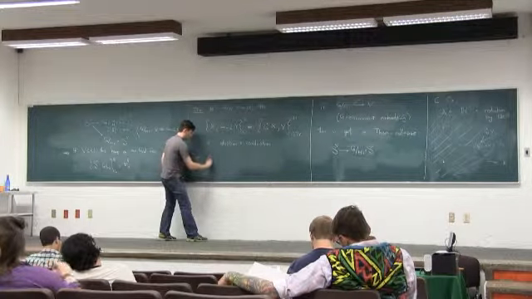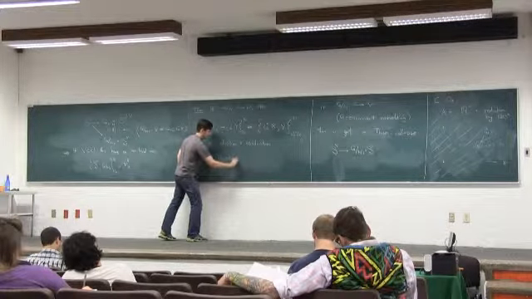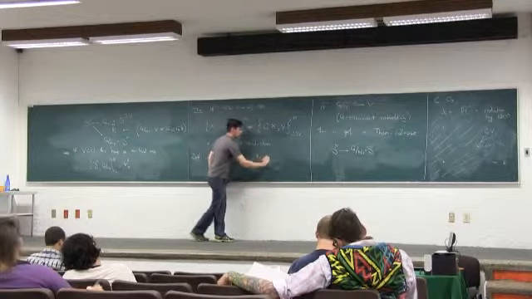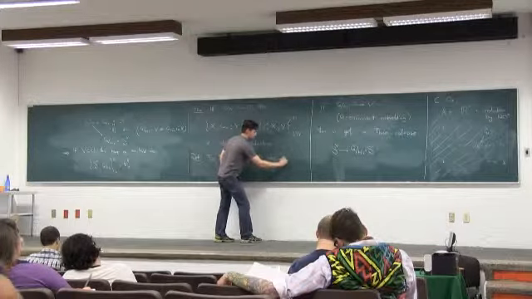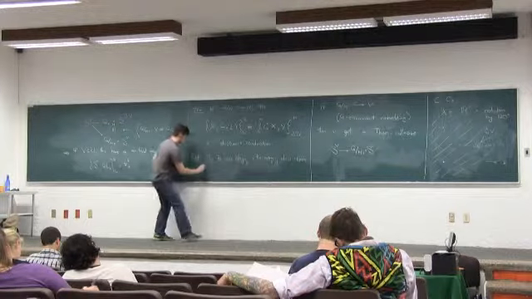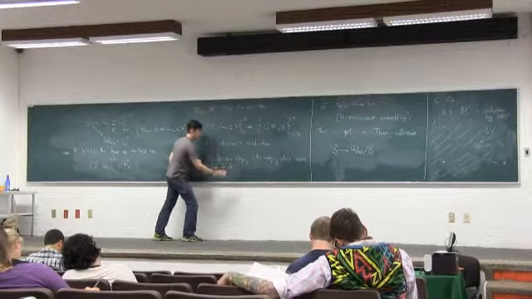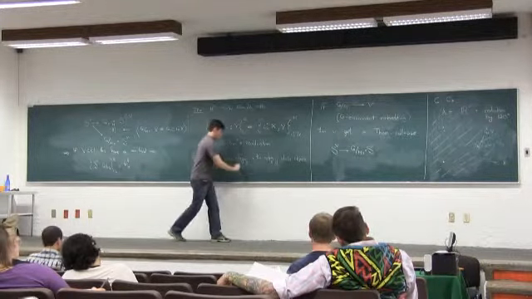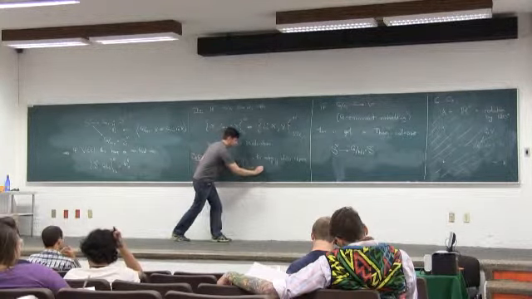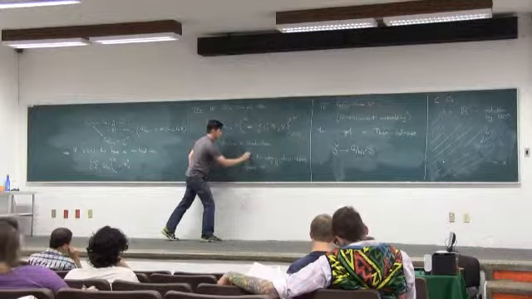The Burnside category is the category whose objects are finite G sets and such that the morphisms are, and I'll write my Burnside category as a script A.